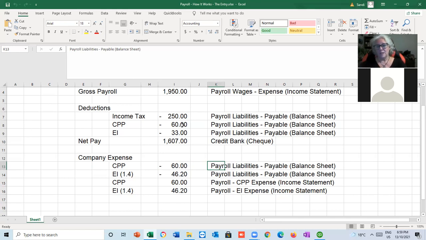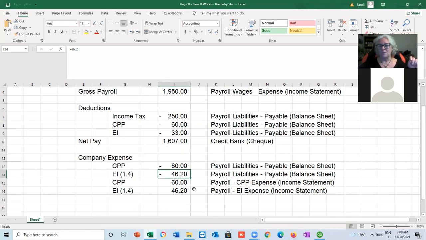And so this $60 that was taken off of the employee, we have to match that. And so it is a deduction over to payroll liabilities. But with EI, $33 was taken off the employee, but we're obligated to pay 1.4% of that, so more than 100%.